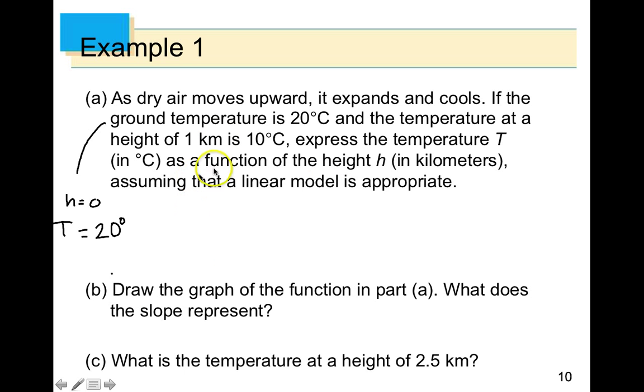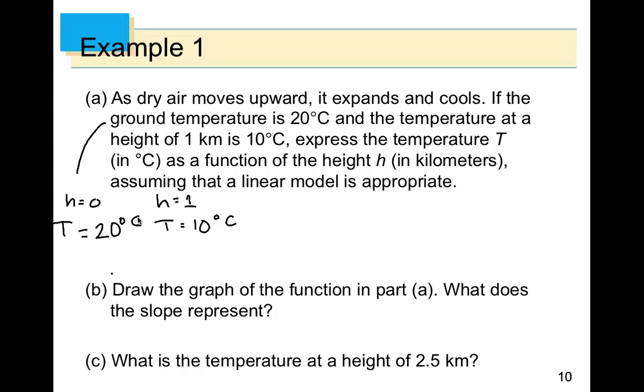Also, at h equals 1, or a height of 1 kilometer, the temperature has decreased to 10 degrees. And that's going to give us enough information to determine an appropriate model.